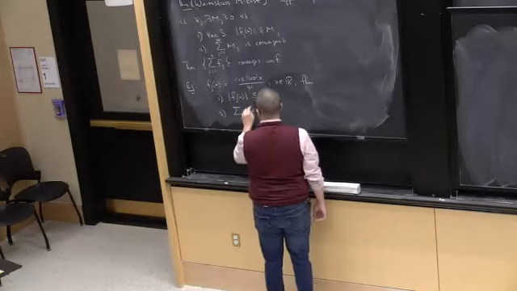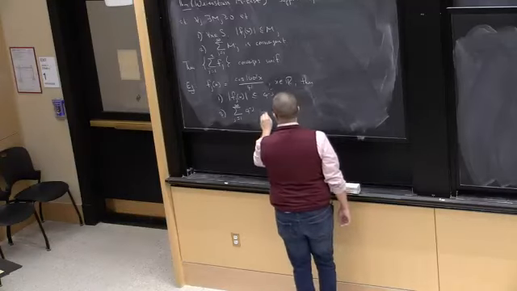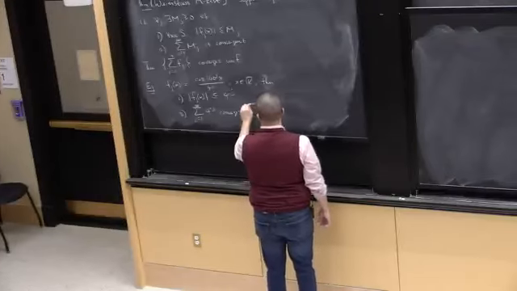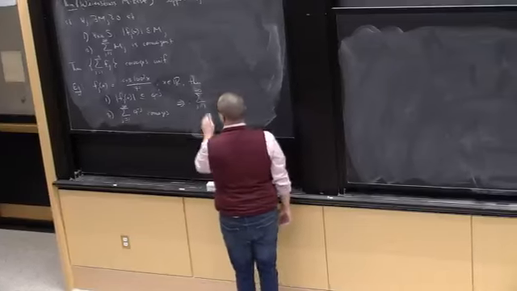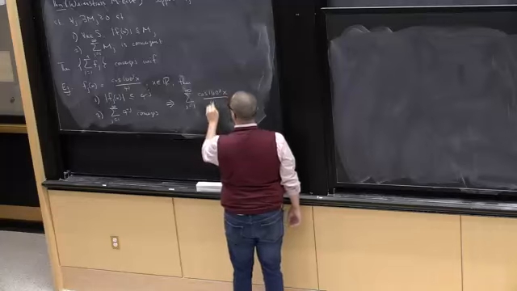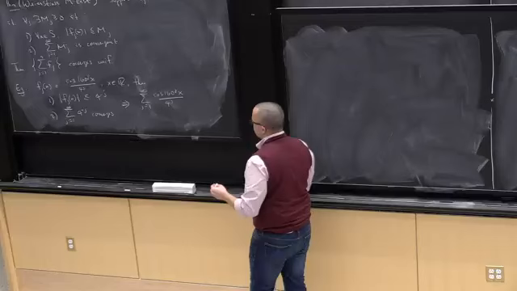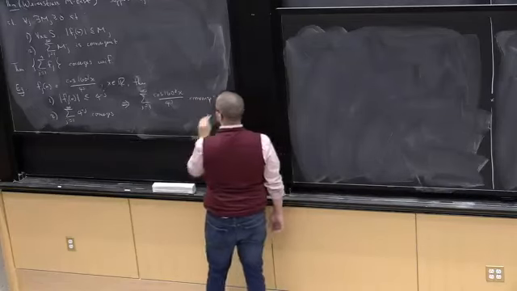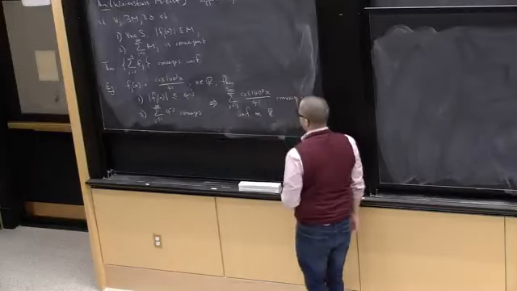And since this converges, this implies that this series, which you should think of as a limit of functions, of the partial sums, which are functions, converges uniformly on R. Okay?